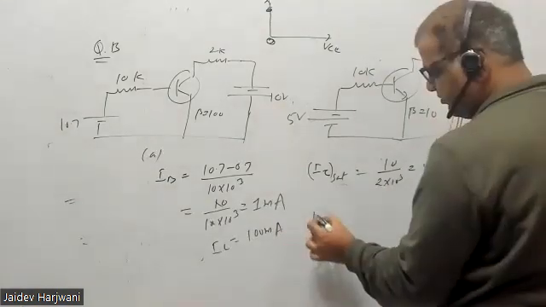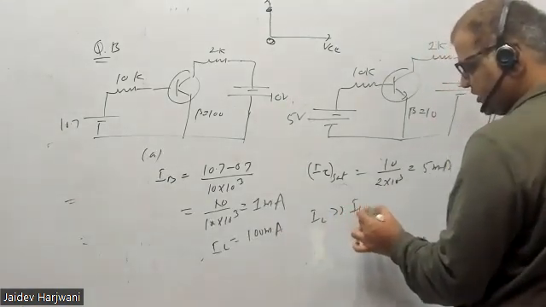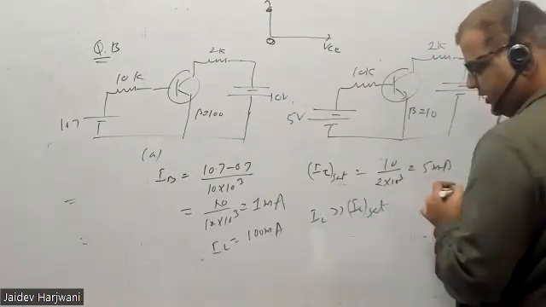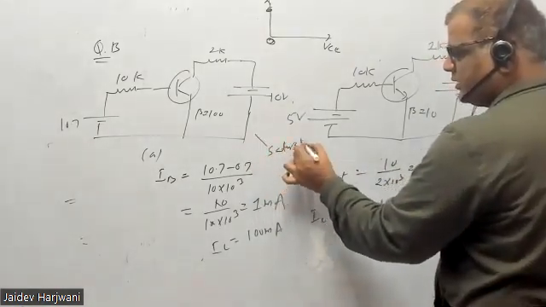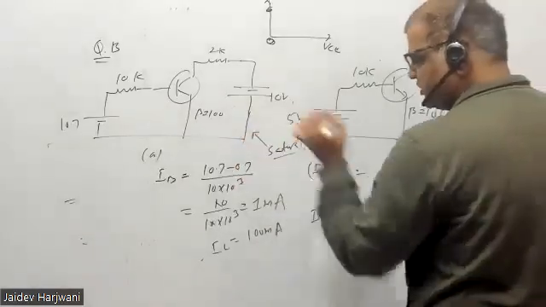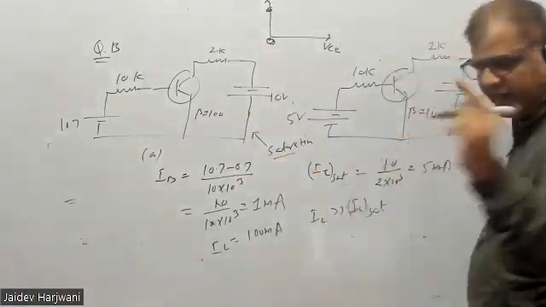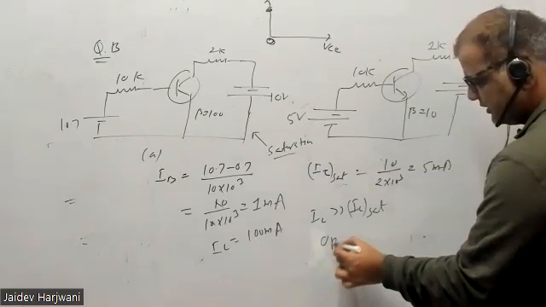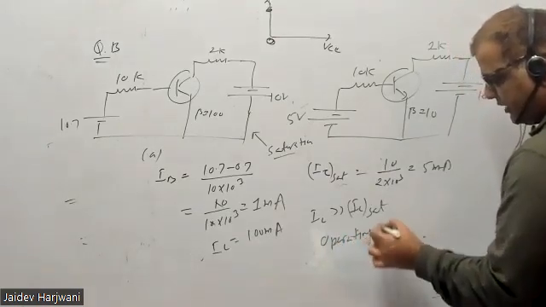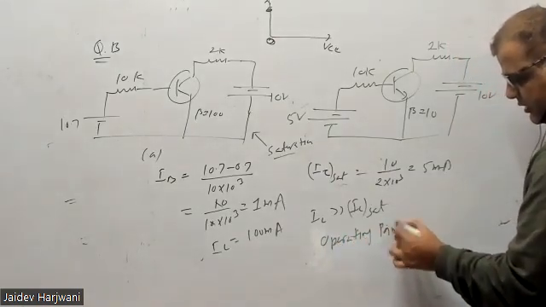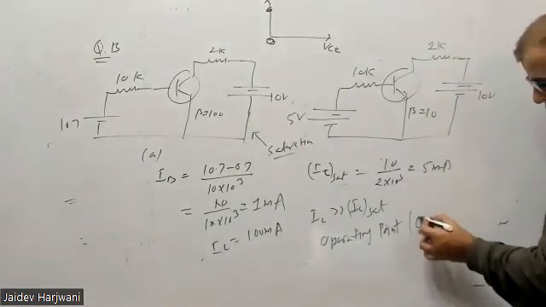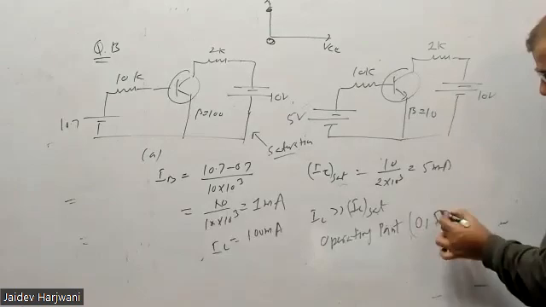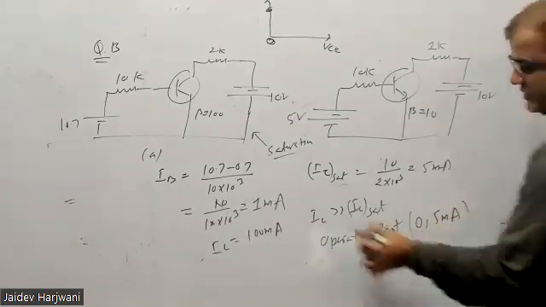So IC is much larger than IC saturation. Okay, so this circuit is in saturation. And what is the operating point? That is important. Operating point क्या होगा बताओ? Operating point of this circuit will be VCE 0 and IC 5 milliampere. This is the operating point of the first circuit.